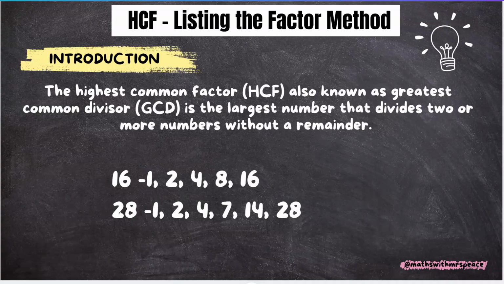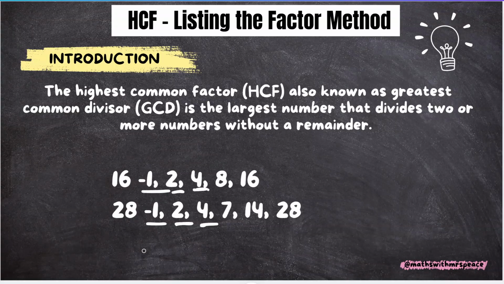So for 16 and 28, whose factors are already listed here, let's begin by identifying the common factors between 16 and 28. You can see that 1, of course, 1 is a factor of every number, so 1 is a common factor of both of them. 2 is also common. 4 is common as well.